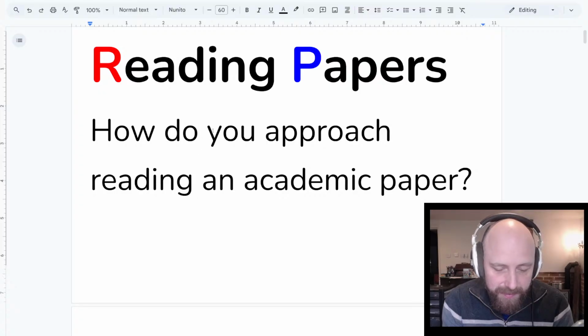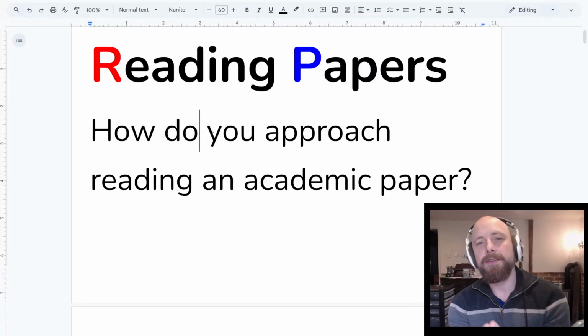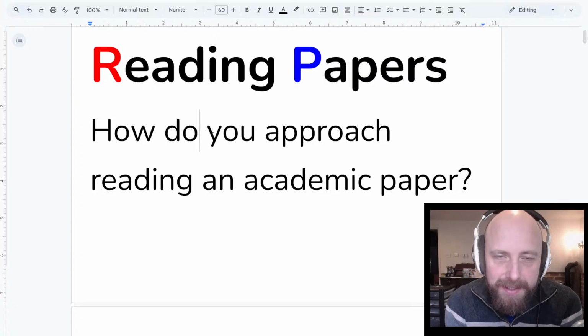So, probably the way that you will approach an academic paper is you start by skim reading it. And that means looking at it quickly in order to get an idea of what it's all about.